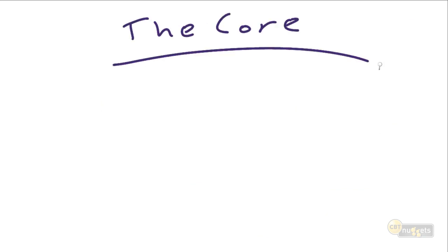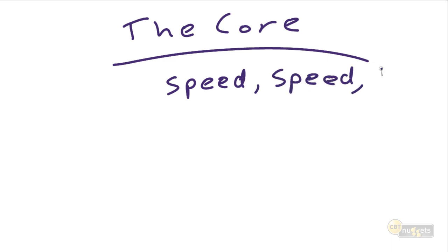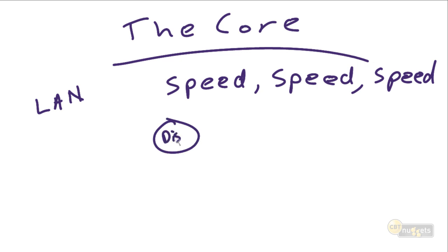Well, in real estate, they say there's three things that are important: location, location, and location. Well, at the core layer, there are three things that are important: speed, speed, and more speed. Yeah. Let's look at the LAN example. We have that distribution layer router.